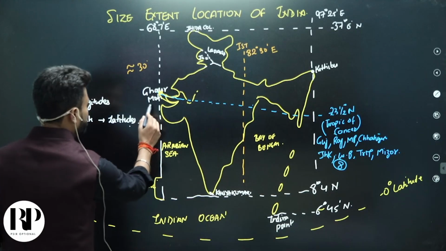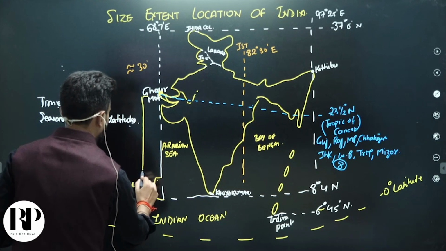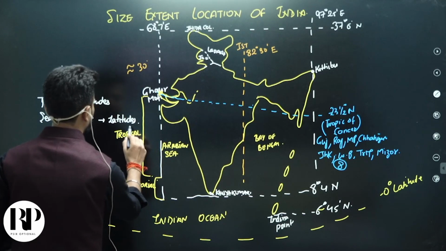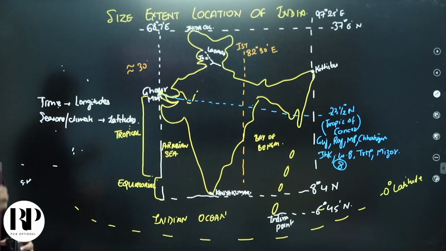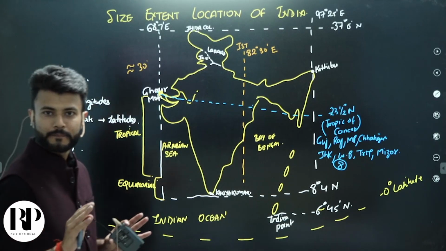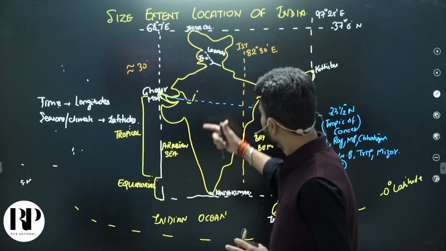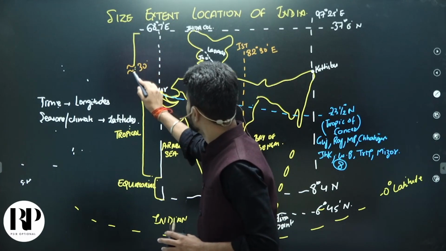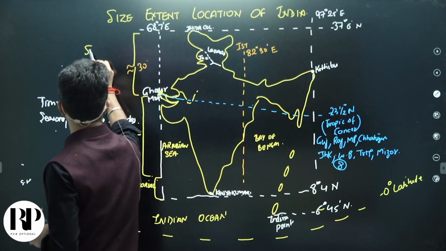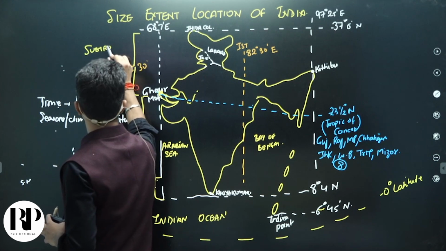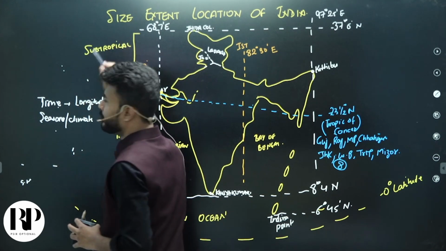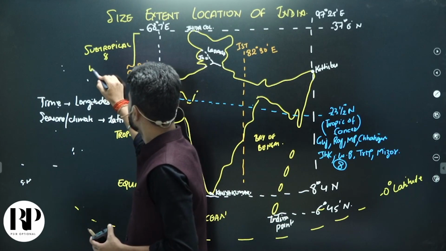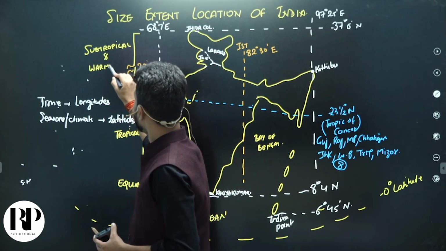Then this particular location will have tropical climate up to the Tropic of Cancer. As you move north of the Tropic of Cancer, this region will have subtropical climate, or you can also say warm temperate region.